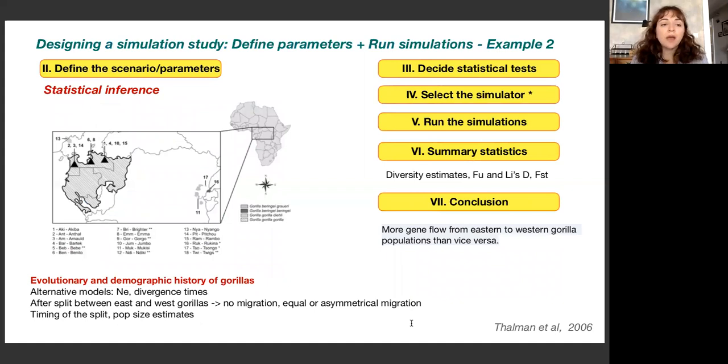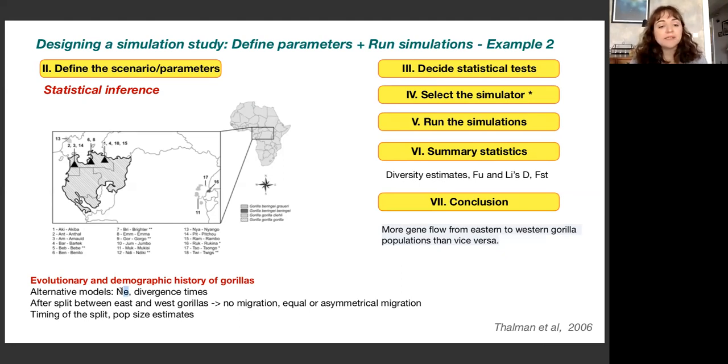Another example is this study from Talman et al., 2006, about the evolutionary and demographic history of gorillas. Here there are different gorilla populations, and they are studying their demographic and evolutionary history. What they do first is decide alternative models.